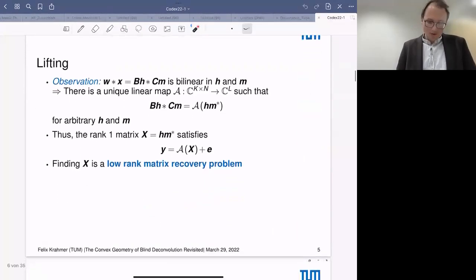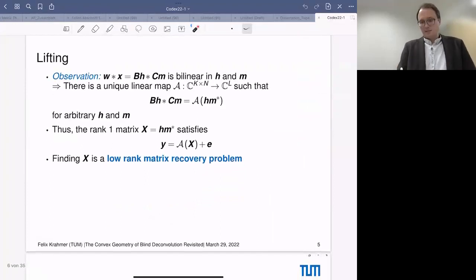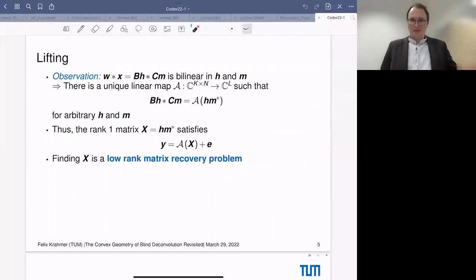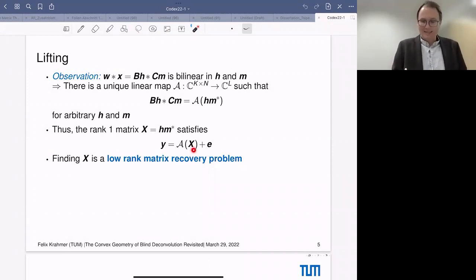And why was this proposed? Because you can now try to solve this linear problem using linear methods, and then later on, people incorporated also the fact that this object that we're having here, our argument X, has an additional property that it is of low rank. So in this case of rank 1, we can say that finding X is a low rank matrix recovery problem.